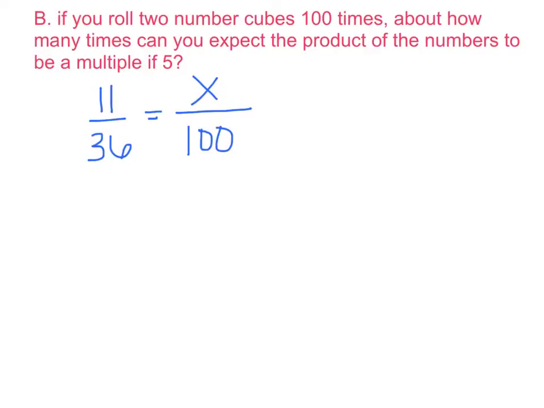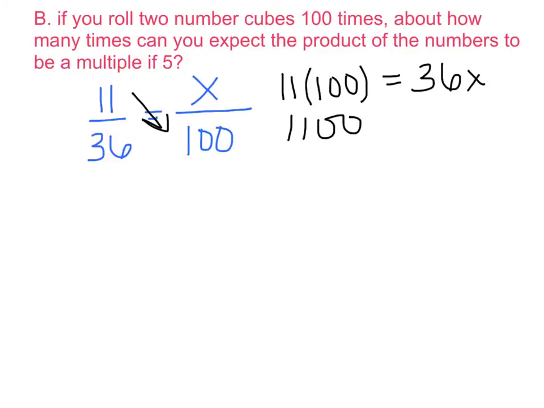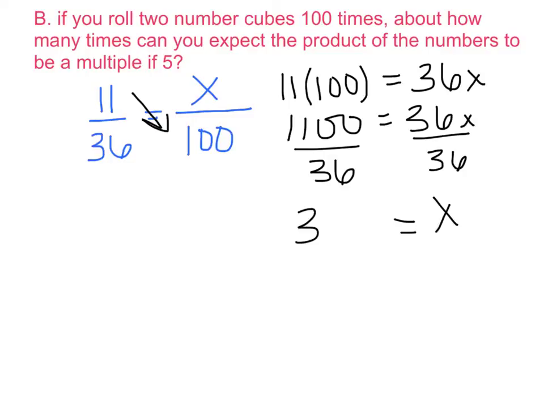So we're going to cross multiply. 11 times 100 equals 36x. 11 times 100 is 1100, and divide by 36. That is going to be approximately 30.5 times.